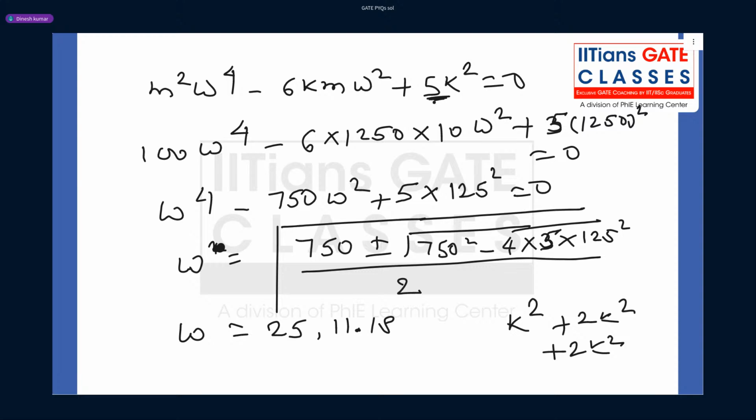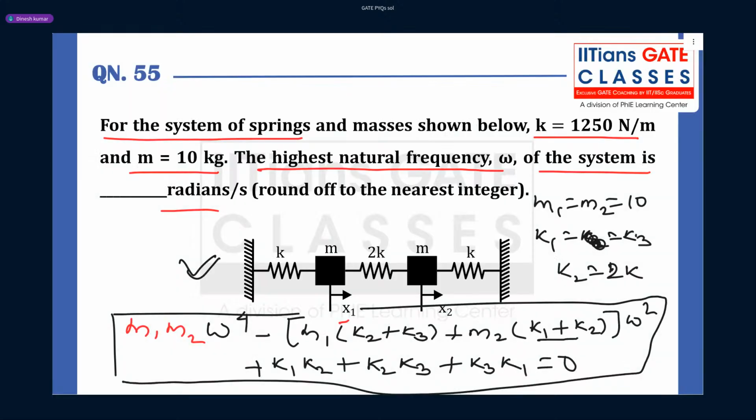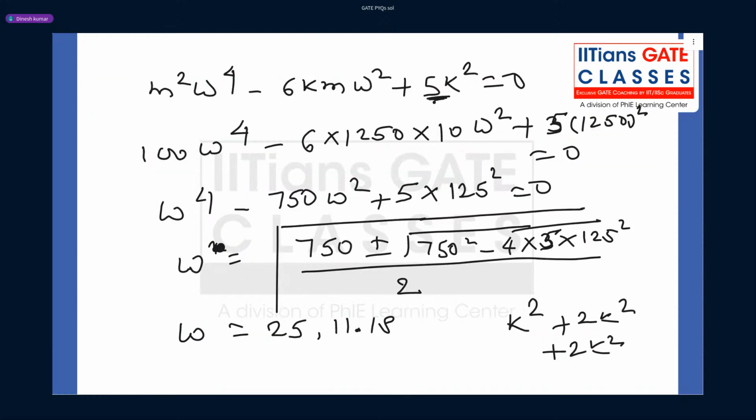I've written every equation correctly, but here your K2 is 2K. What is given? K1 equal to K3 and it is given as K, and your K2 is 2K. Now this equation is correct, guys. Find out the root. Okay, so I think with this we get 25 comma 11.18, and they ask what? Highest natural frequency. So your omega answer will be 25.